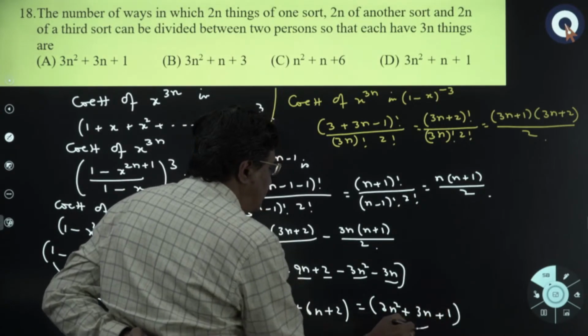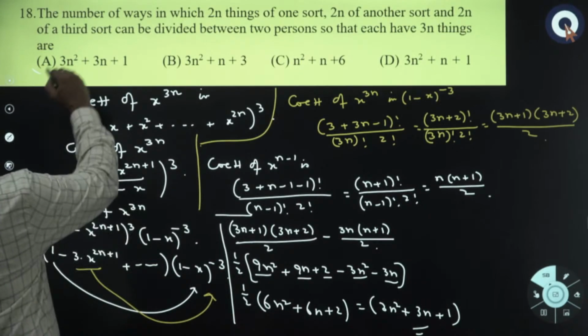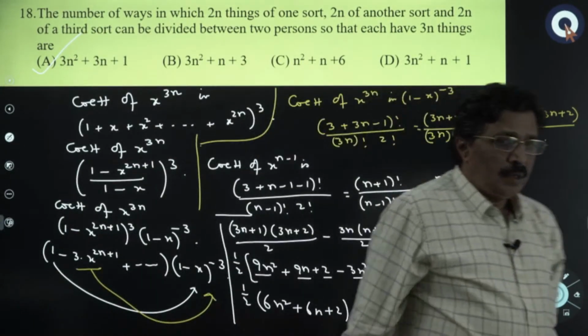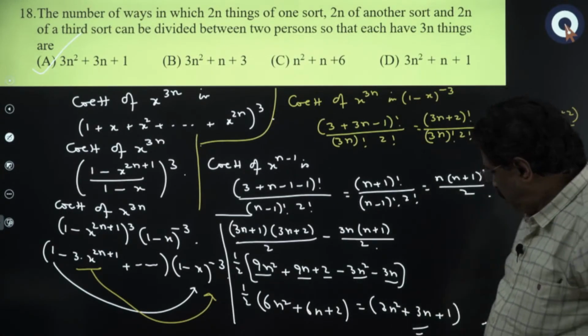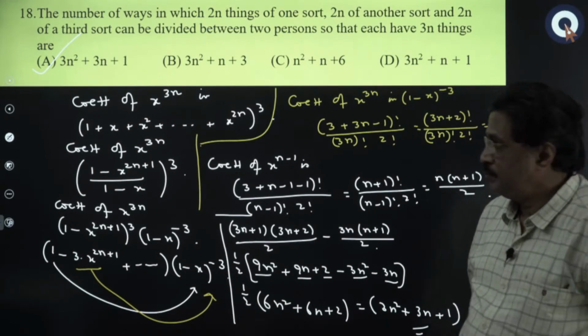So the number of ways in which this can be done is 3n square plus 3n plus 1. Option A comes correct. Right. Next.